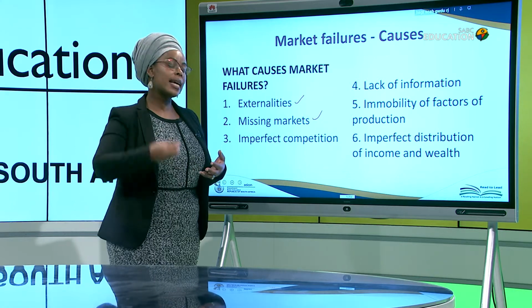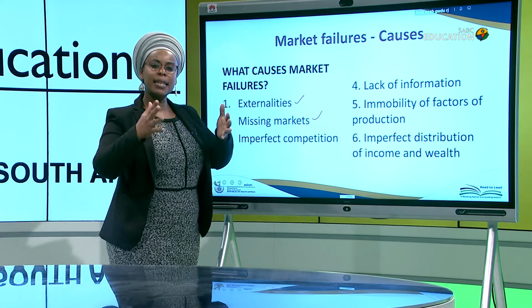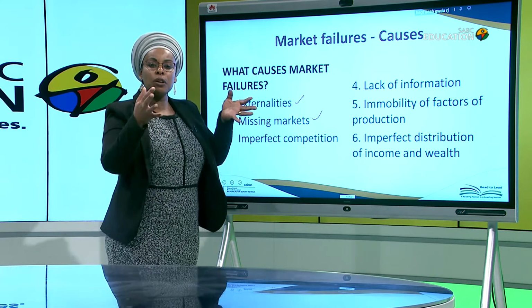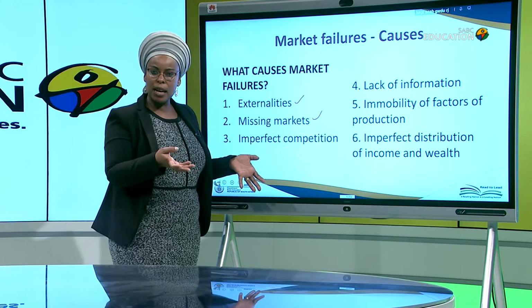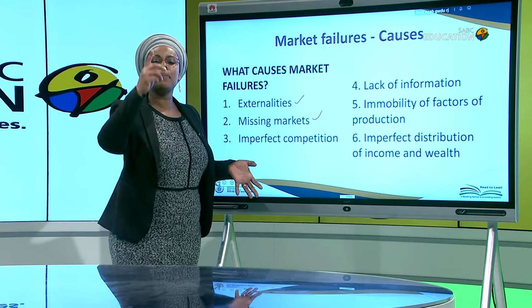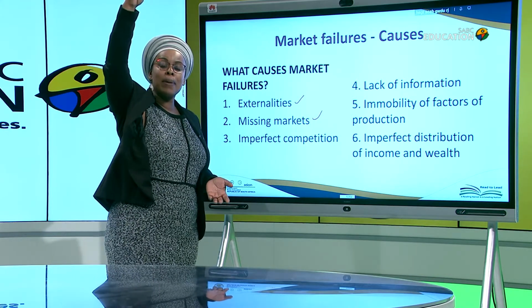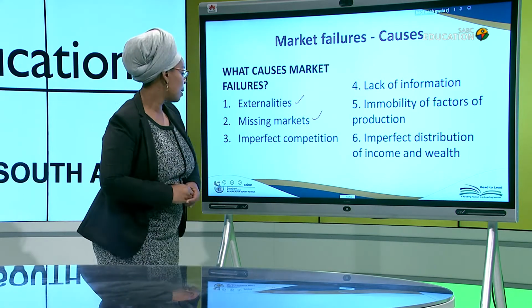Another reason you find that they cannot produce because that particular operation needs huge capital outlay to be started. Then you'll find that the product is not available. Or the product can be available. The private sector can produce it, but charge a higher price, and you'll find that some people cannot even afford. That can cause market to fail.